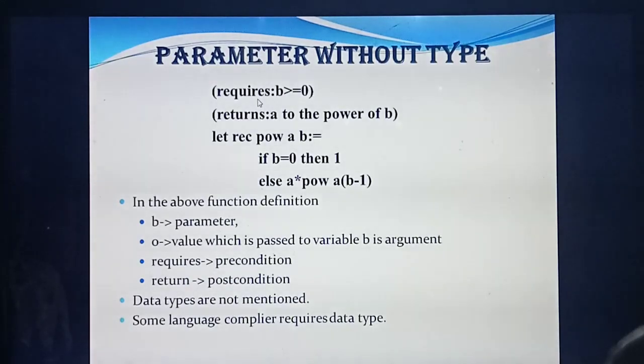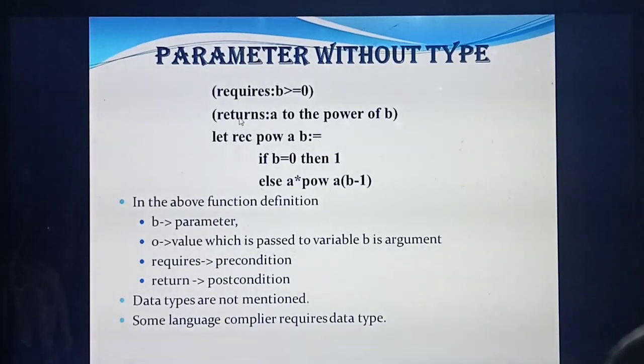What do you mean by pre? Pre means before or first. So the first keyword is called which condition? Precondition. What's the first keyword? Requires. So requires is a precondition. Then returns. The keyword you give last, or second, is called a postcondition.